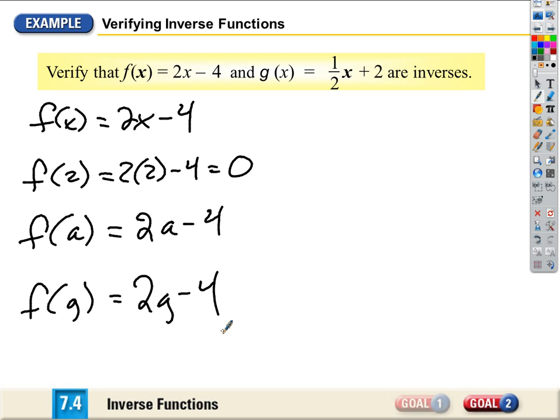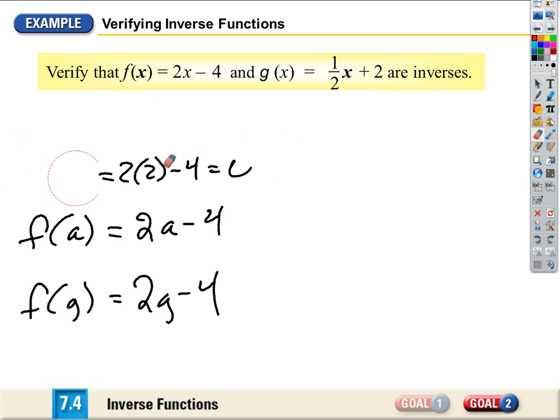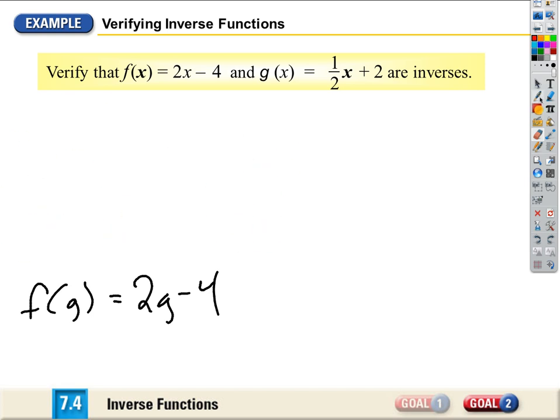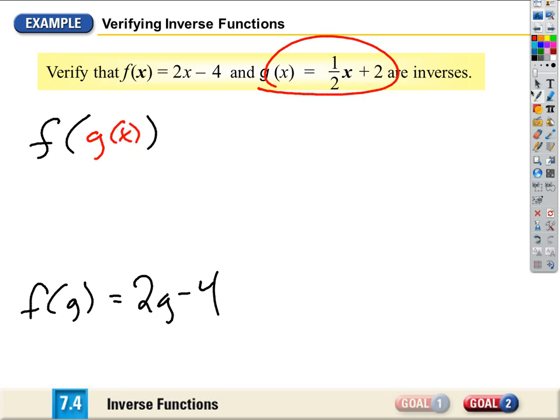Okay, now let's take that last one and let's just change it ever so slightly. Instead of making that f of g, let's make it f of g of x.